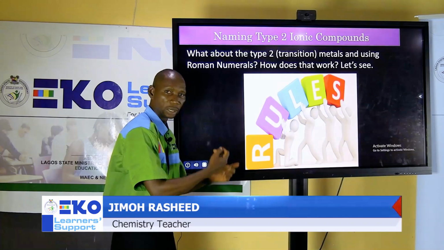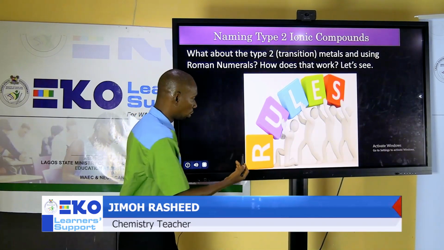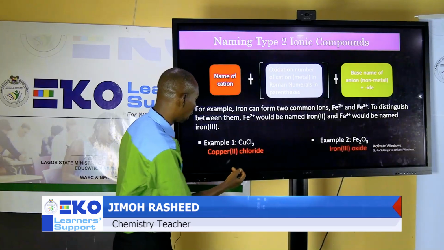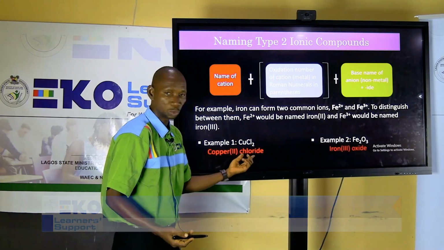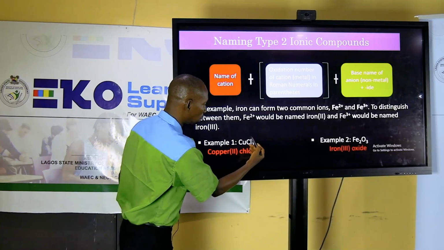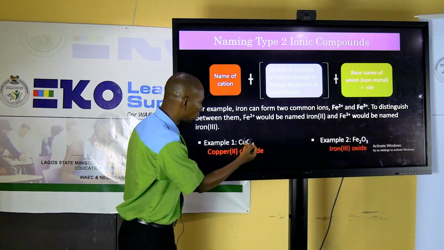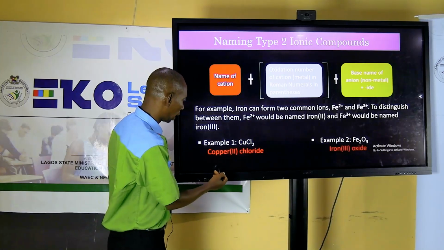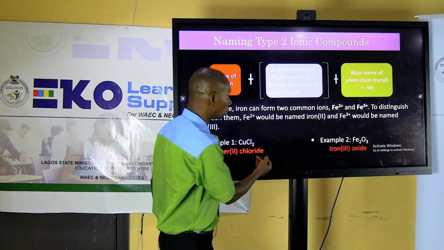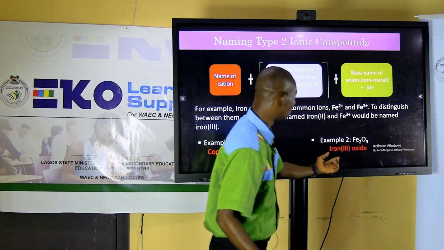You know that a compound has to be neutral. So if there are 2 chlorine atoms here and each one is -1, that means the chlorine is going to be -2. And in order to make that neutral, the copper has to be +2. And this is copper(II) chloride.